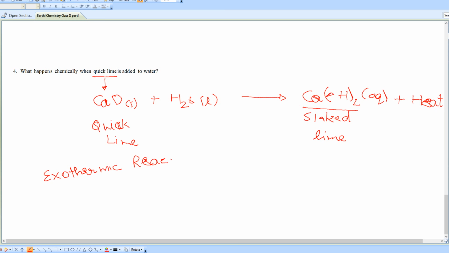So the two things you have to remember are that quicklime upon adding to water forms slaked lime, and slaked lime is calcium hydroxide, and this is an exothermic reaction. So let's move on to the next set of questions.